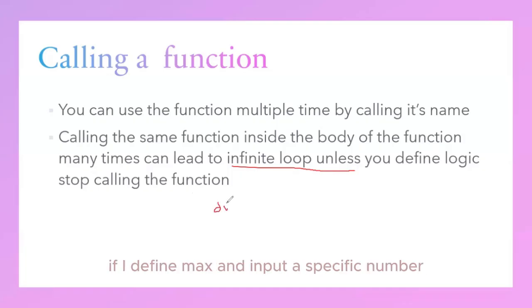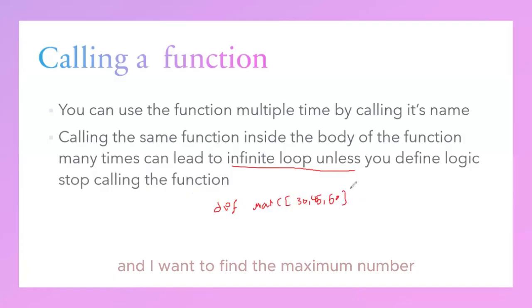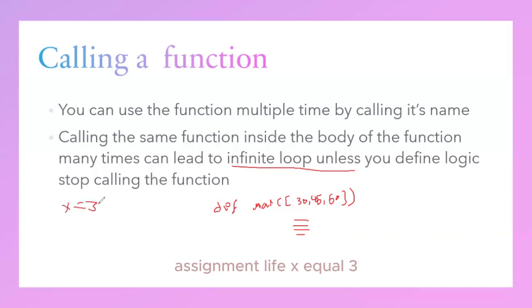As an example, if I define max and input a specific number or different numbers inside a list, and I want to find the maximum number, I have many statements to achieve that, with an if condition and assignment, like x equals 3. Here x is assigned the value 3.